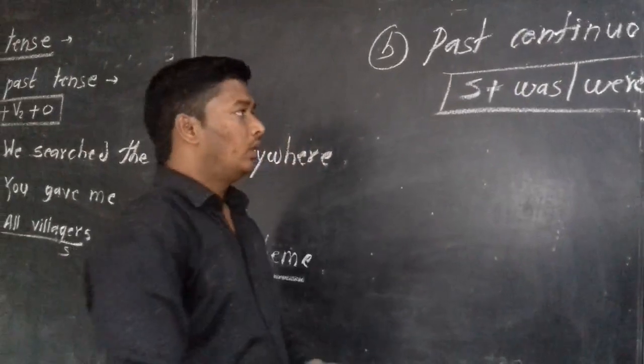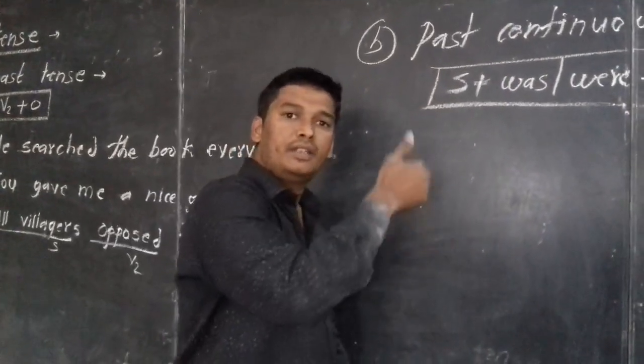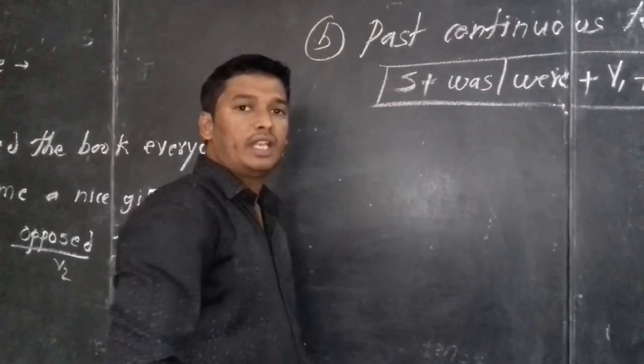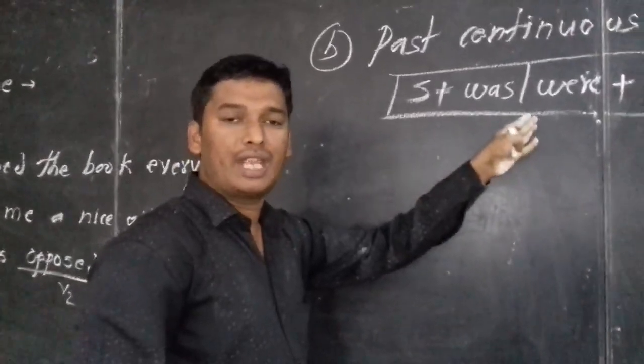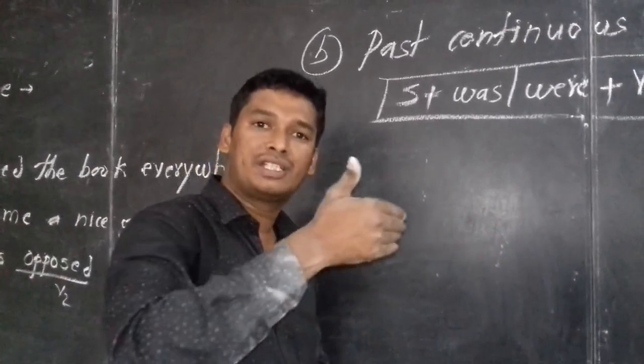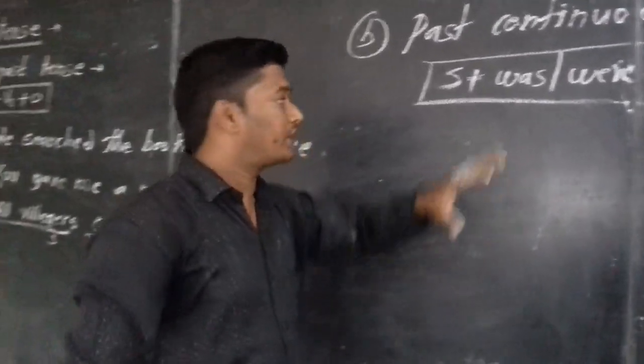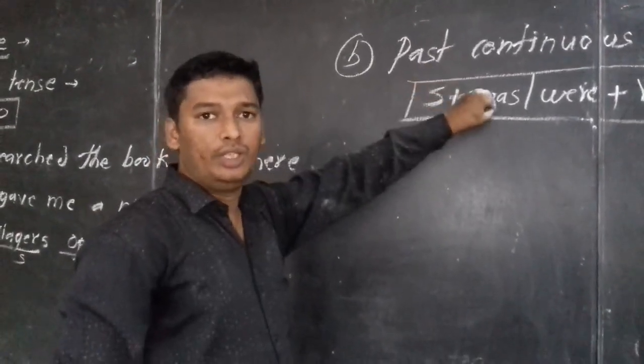Look, in present continuous tense we take am, is, are, and in past tense we take was and were, as they are the auxiliaries of past tense. If the subject is singular, then we take was.